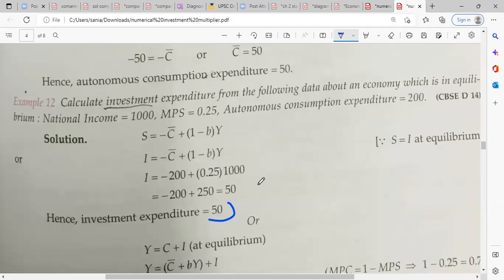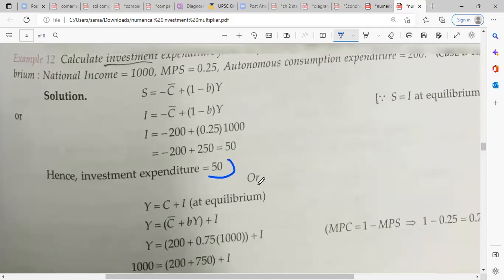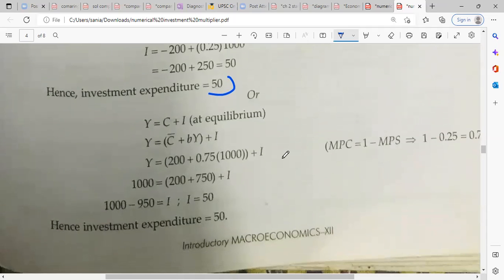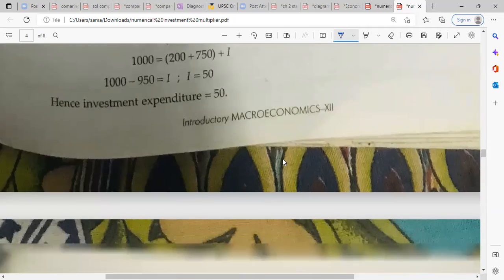Clear? Done? You got the same answer? Yes, ma'am. Right? So this is a different method, and similarly here you have this. I hope you followed this method, right?